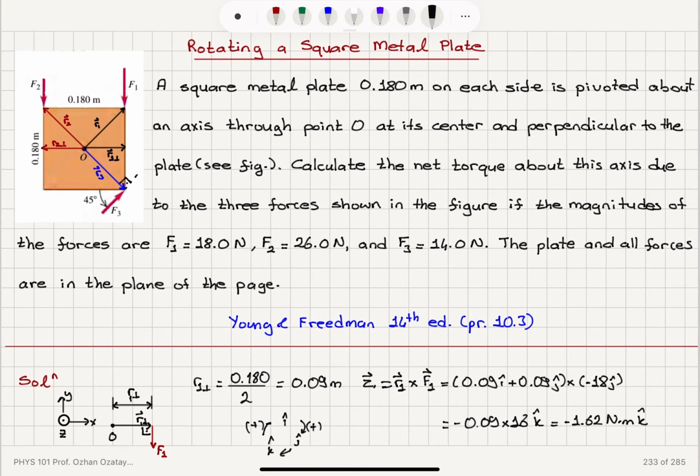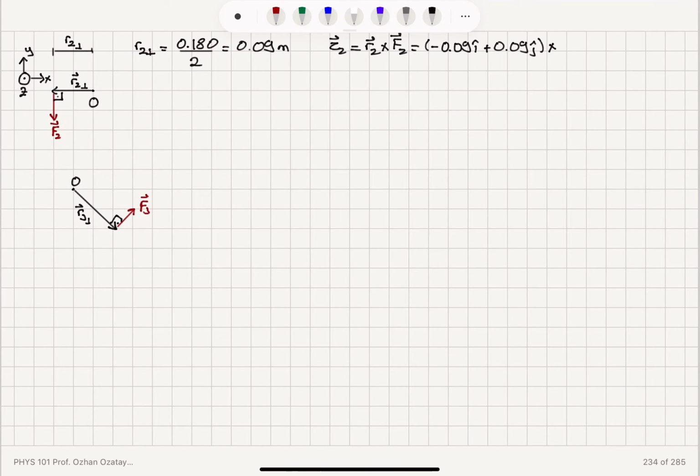Well, F2 magnitude was 26 newtons, so it is 26, and it is also in minus j hat direction. You can see here it's in minus j hat direction. So j hat cross j hat is 0, so i hat cross j hat will give us k hat, and there are two minus signs, so we will obtain 2.34 newton meters in k hat direction.